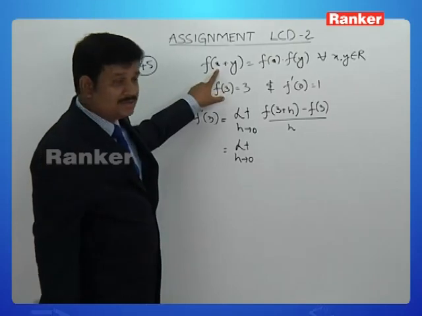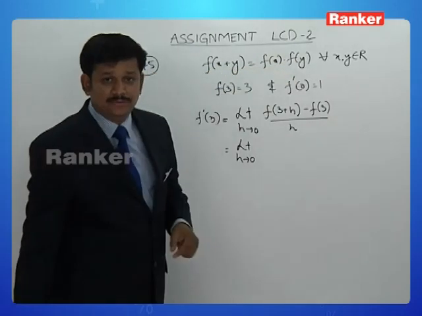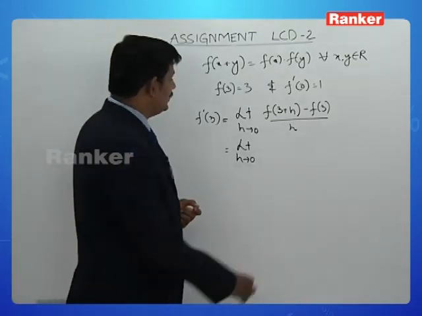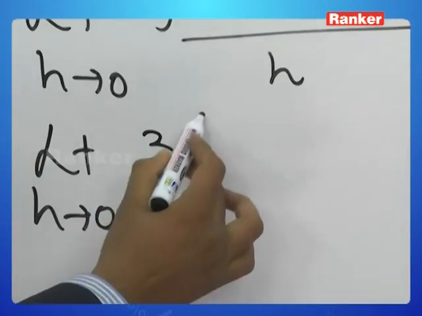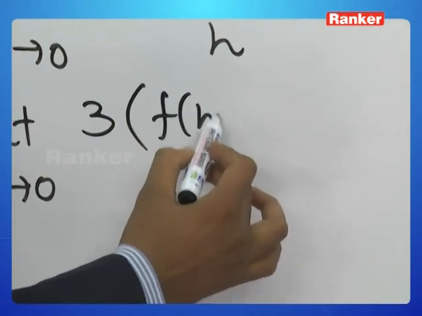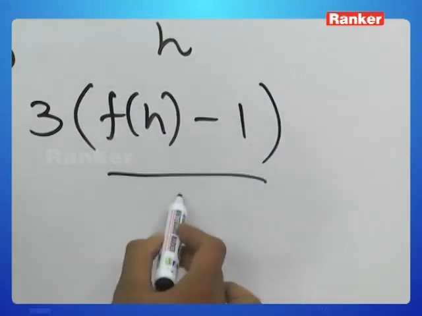Use the functional relation given, f of x plus y is f of x into f of y. So, f of 3 plus h is f of 3 into f of h, and f of 3 which is 3, we can take it common. 3 into f of 3 we have taken common. So, we are left with f of h minus 1 divided by h.